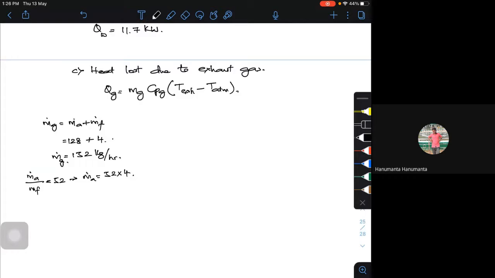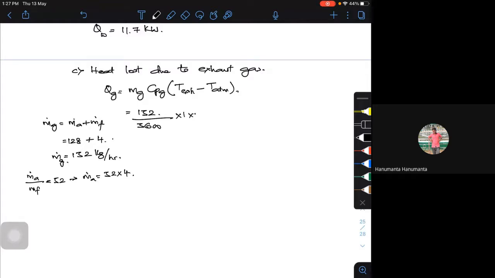This 132 is in kg per hour, so that should be in kg per second. So I have to divide it by 3600, into 1 into 10 to the power of 3.